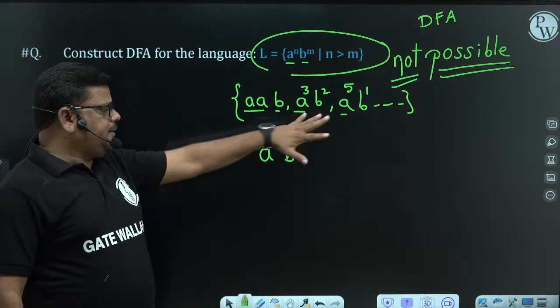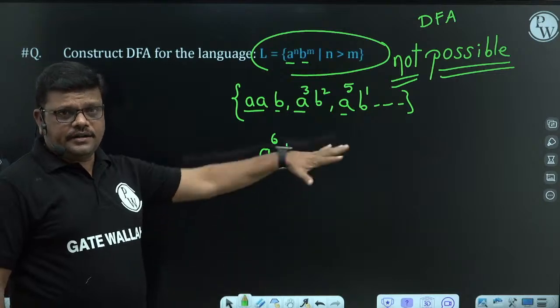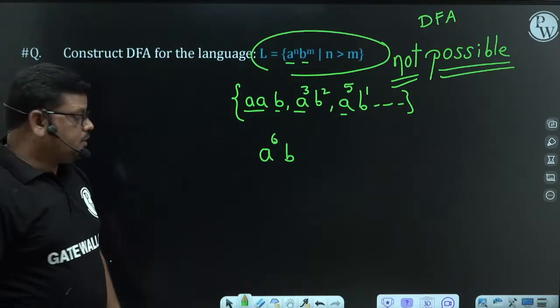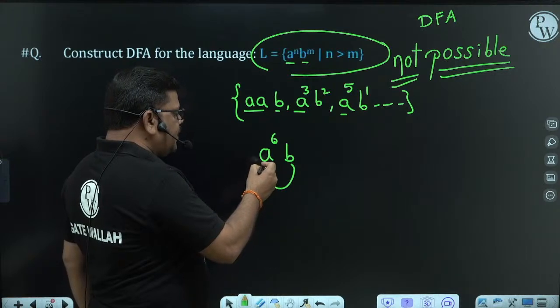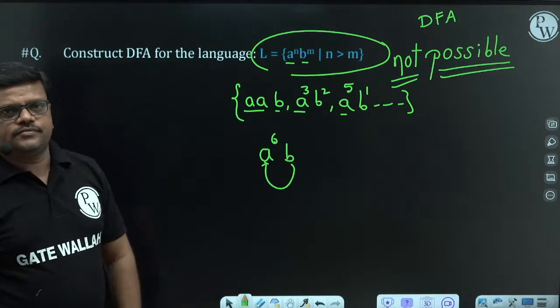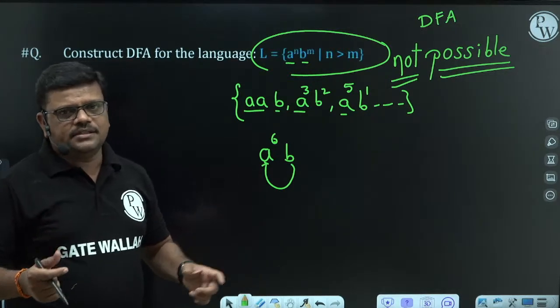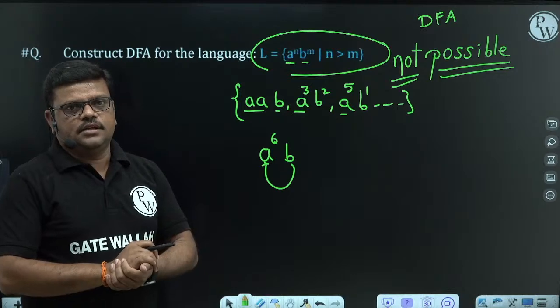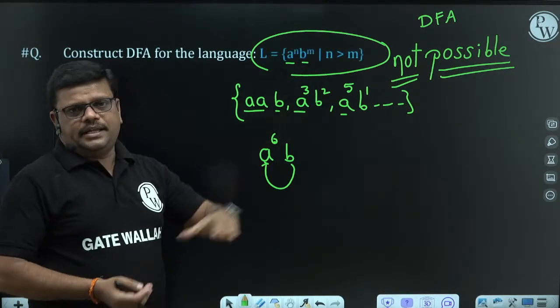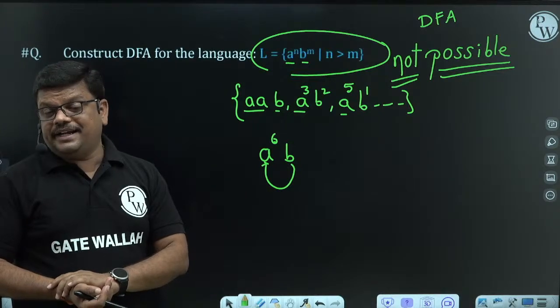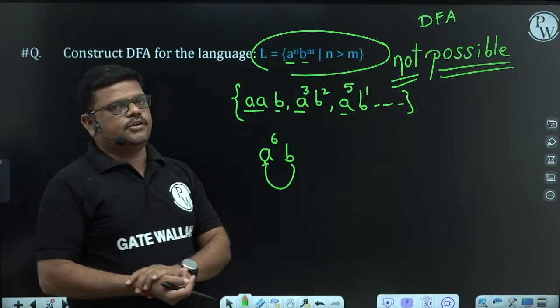Can I take 10 b's? Can I take 100 b's? No. So the generation of the number of b's clearly depends on the value of a. This is called dependency. This is called comparison. We are not generating the symbol b independently. Whenever that independence is not there, DFA is not possible.